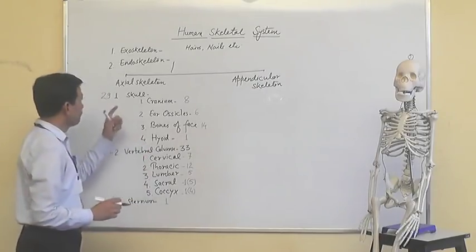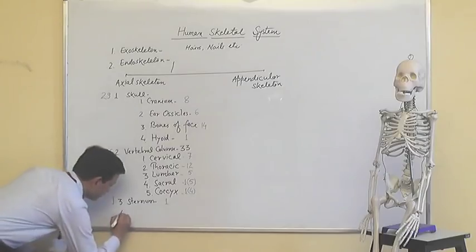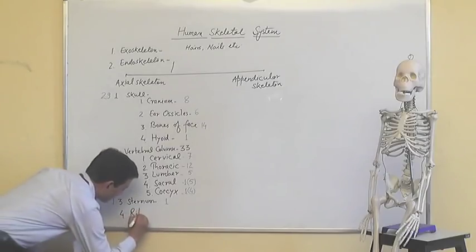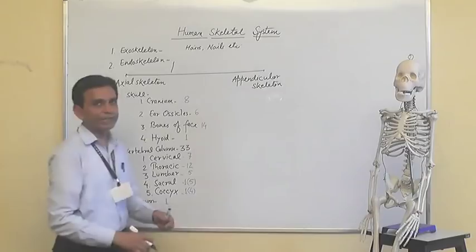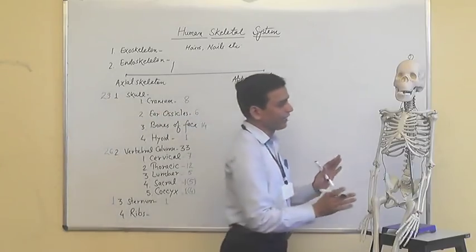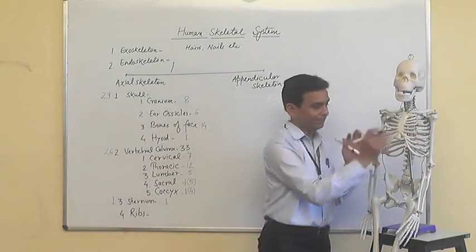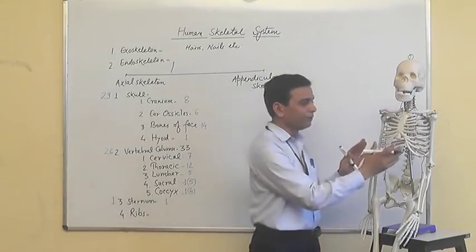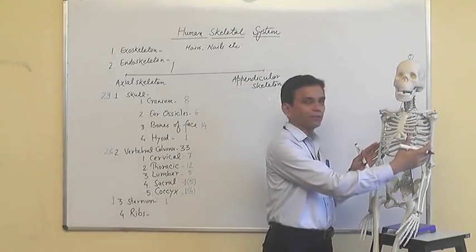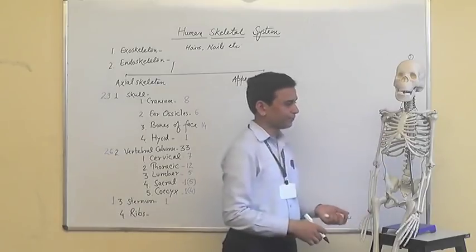Fourth part of our axial skeleton is our ribs. Students, there are 12 pairs of ribs in our body. They form the lateral part of our thoracic cage.